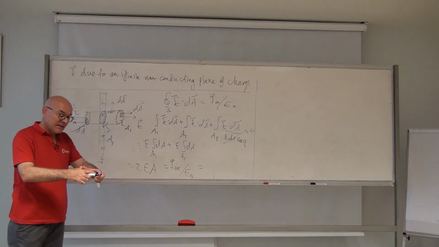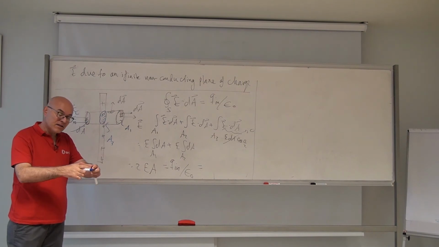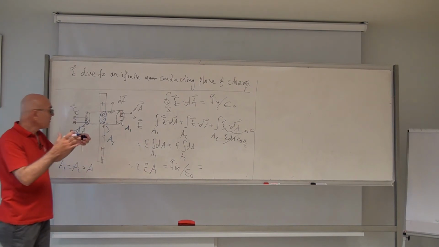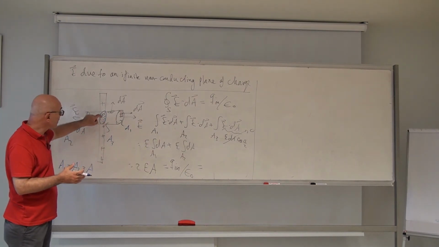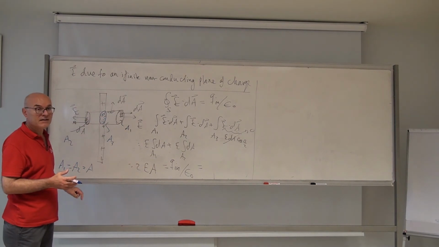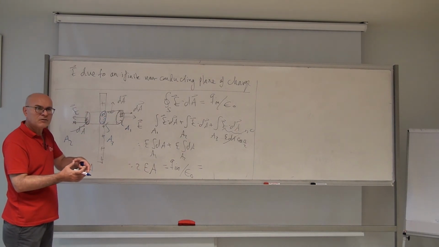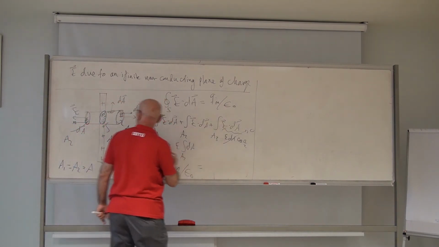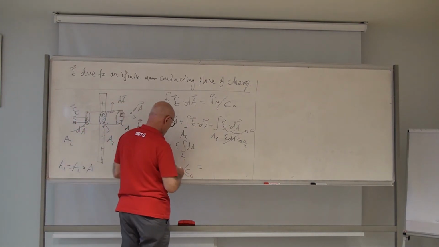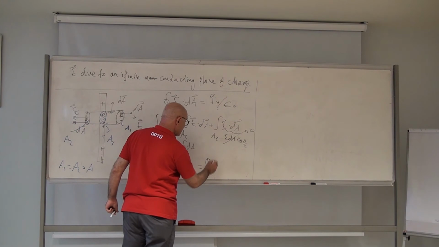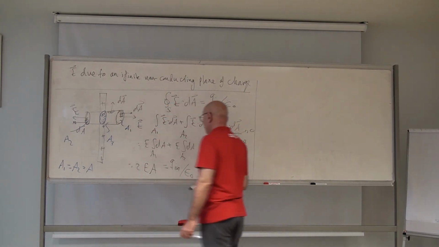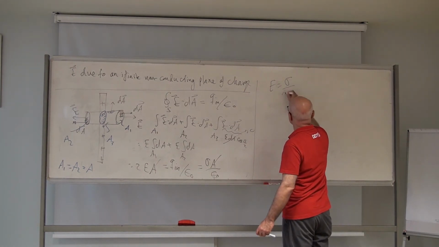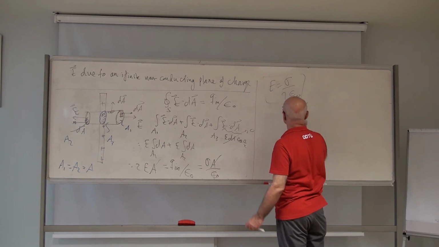When it cuts the plane, it cuts a circle which has area equal to A1 and A2, or A. So the only charge enclosed is the charge on this circle, and the charge on this circle is equal to the charge density sigma multiplied by A. Therefore, Q enclosed is equal to sigma A, so 2EA equals sigma A over epsilon naught, this A cancels, and you get E equals sigma over 2 epsilon naught.